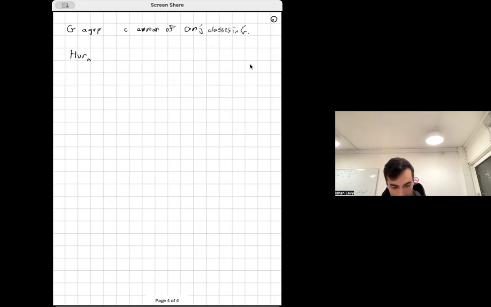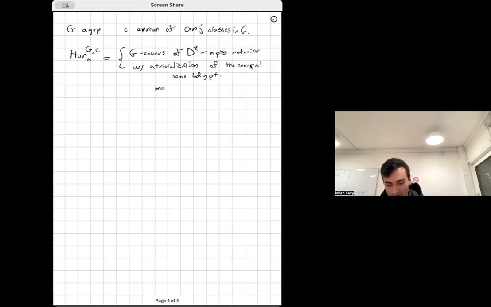So this Hurwitz space, there's an n, and then there's a G, and then there's a C. And you can describe it as the moduli space of G covers of the disk minus n points, maybe endpoints in the interior, equipped with a trivialization of the cover at some boundary point. And then there's another condition, which is that the monodromy has to be in C.